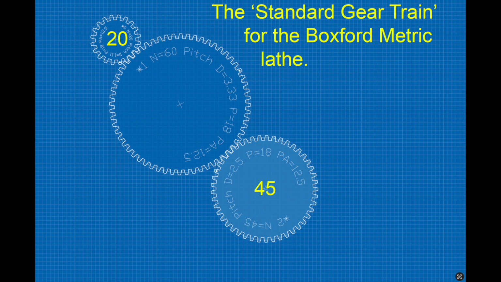This is the standard gear train that you must use when you're using a Boxford metric lathe, and it's different from the gear train used for the Imperial lathe, and maybe different from many other lathes as well. So each lathe has its own unique standard gear train that you have to be aware of. There is an idler wheel in the middle, but it doesn't contribute to the gear ratio. This is what it looks like when it's running.